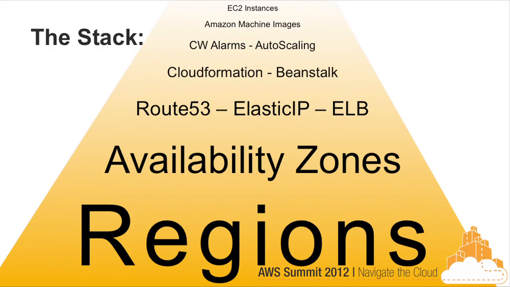So we have regions that are available around the globe. We have availability zones. We have Route 53 for DNS and Elastic IPs for addresses. We built CloudFormation for programmatic management of deployments. We built CloudWatch alarms and auto scaling to allow you to manage the deployments of individual pieces of the infrastructure. And then each of the building blocks, the Amazon Machine Images and EC2 instances, are all designed to be used in a coordinated fashion to build an all-together fault-tolerant stack.